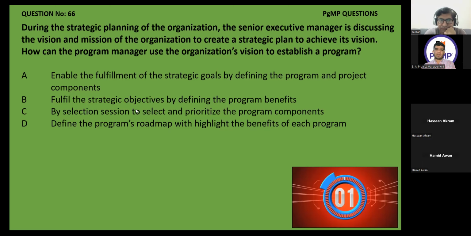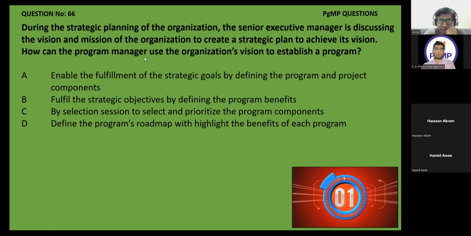Okay. So in this case, is it clear? Yeah, to me it's clear. And since there were a lot of answers for D, I would like to explain again. At this moment he is saying that during the strategic planning of the organization, the senior executive manager is discussing the vision and mission of the organization to create a strategic plan to achieve its vision.